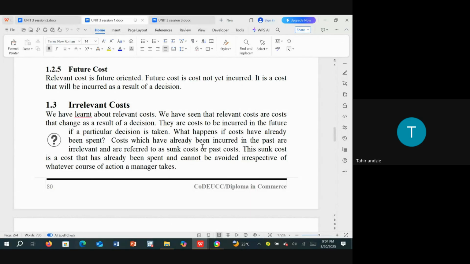If you have taken a taxi from Cape Coast to the STC station to go to Accra, and you have paid the taxi driver, maybe he charged you 50 Ghana cedis, you have paid him, he's gone.